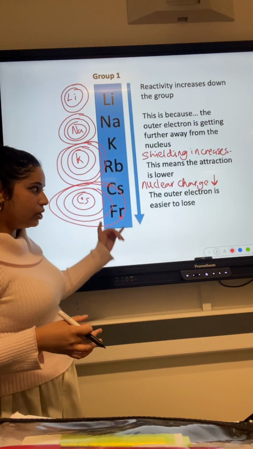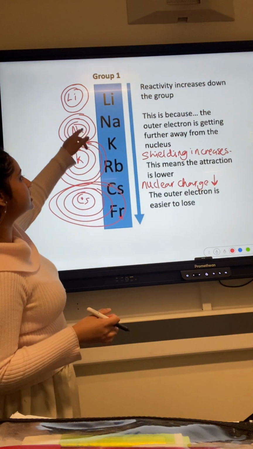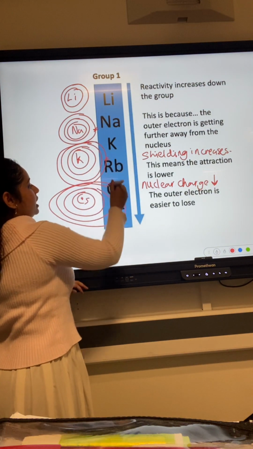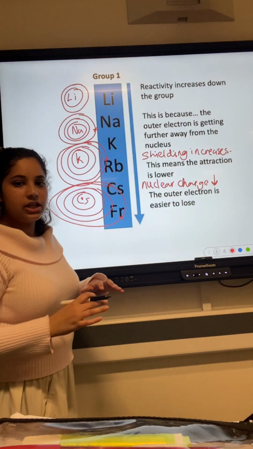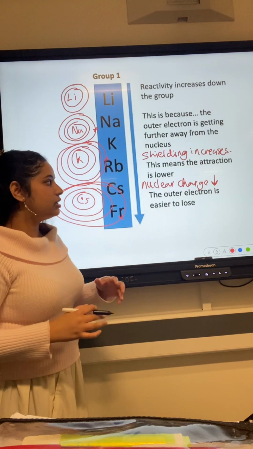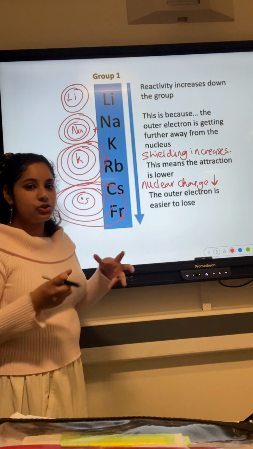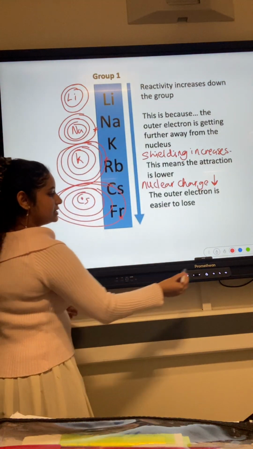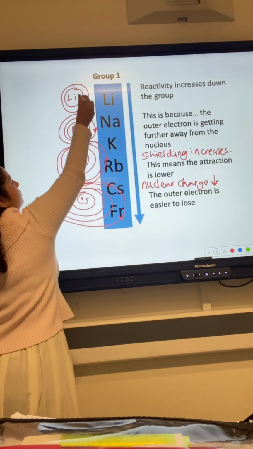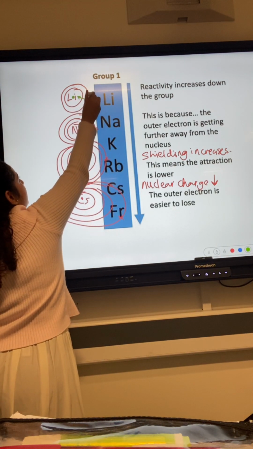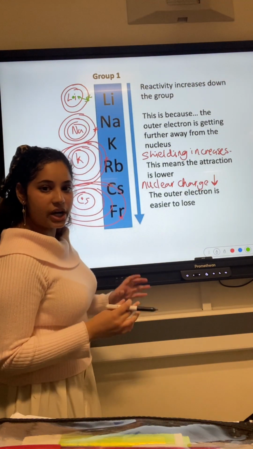So as we go down, what happens is, because the outer shell electrons, so all of these have one outer shell electron, is getting further and further away, there will be very little attraction for those outer shell electrons, okay? Because the distance, if I show you this, if you look at lithium, the distance between the positively charged nucleus and the outer shell electron will be quite small.